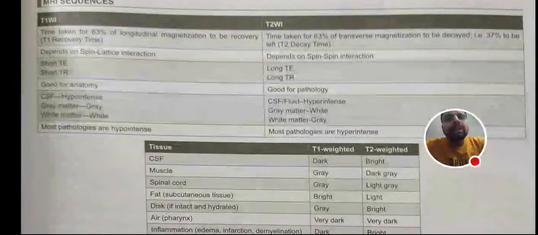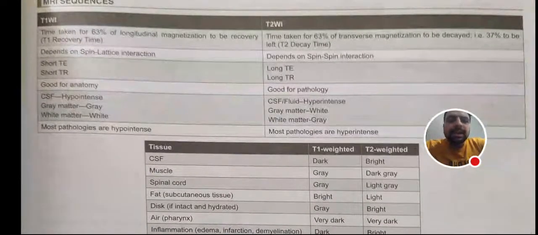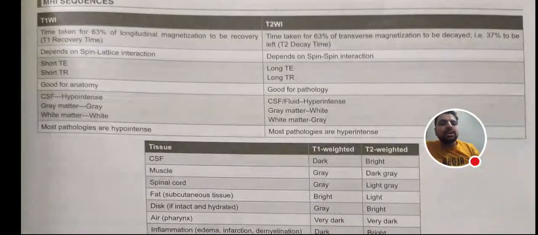Let's discuss more. In T1, the time taken for 63% longitudinal magnetization to recover depends on spin-lattice interaction. T1 image is hypointense, T2 is hyperintense. Remember, T2 is always hyper. Pathology is hyper, anatomy is hypo.